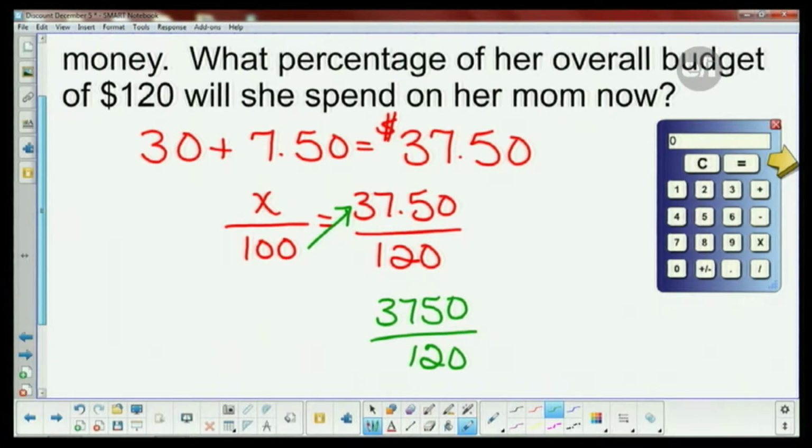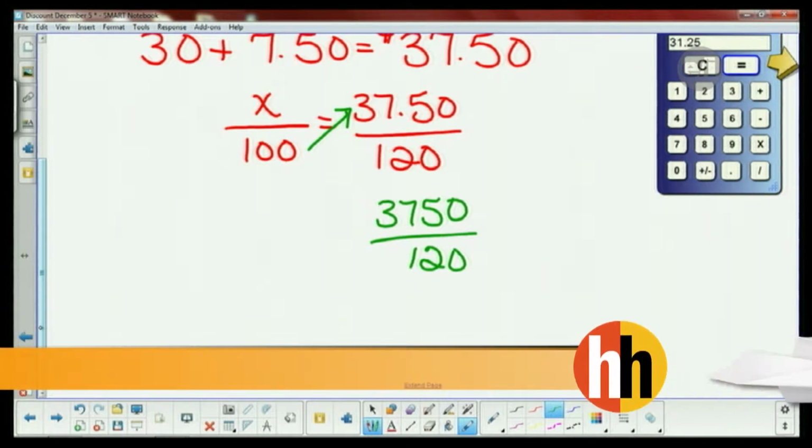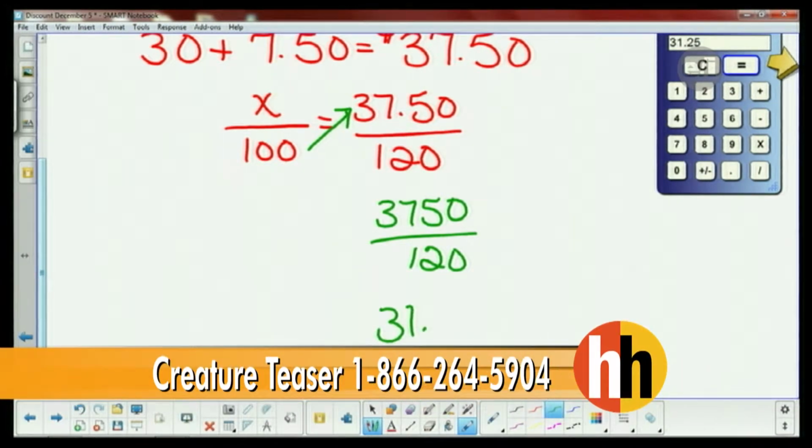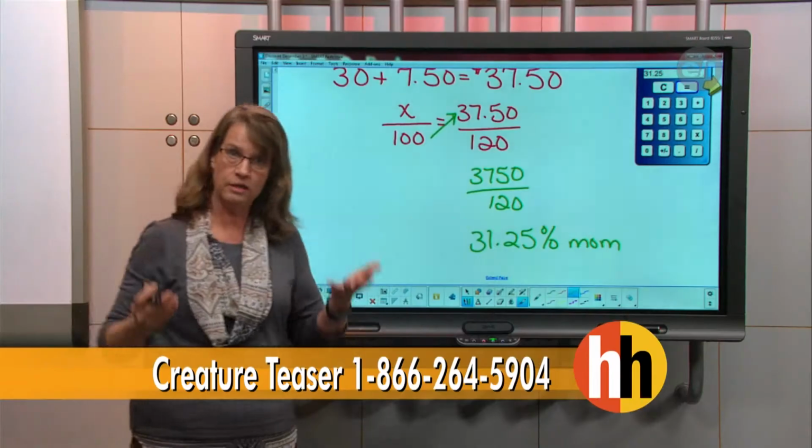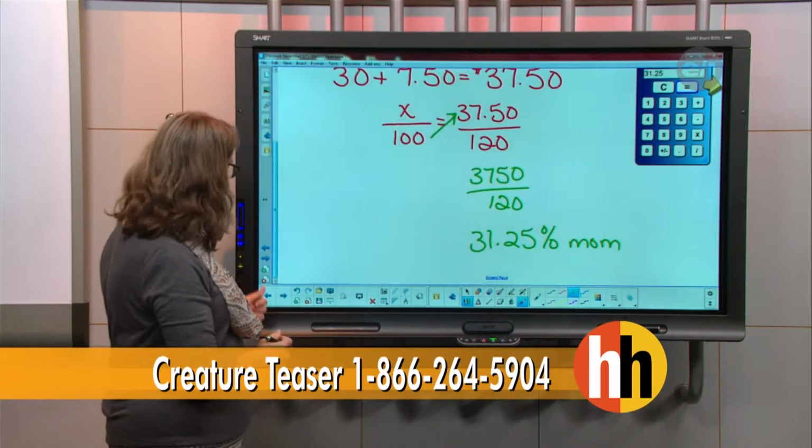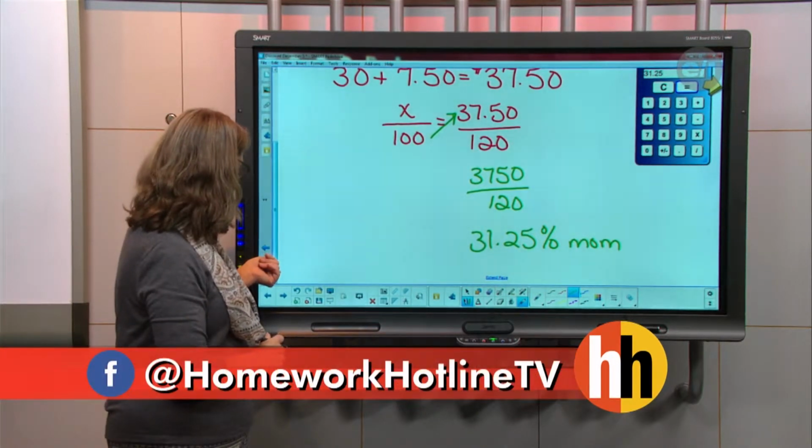So let's do that. 3750 divided by 120. And we're going to get 31.25%. So she's going to spend 31.25% on mom if she puts that money with her mom's gift.